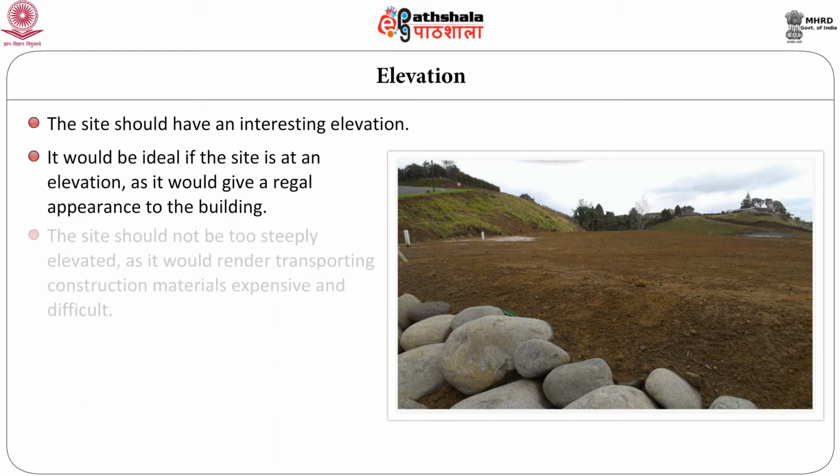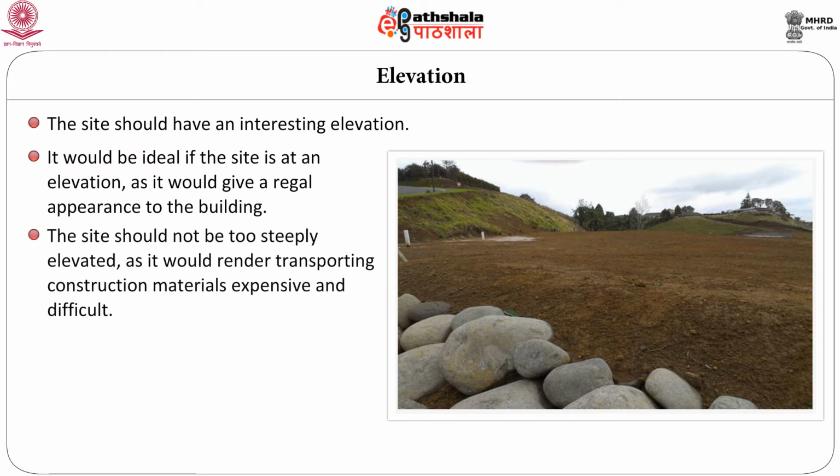However, the site should not be too steeply elevated, as this would render transporting the construction materials and men also very expensive and difficult. If the surface of the site is uneven, this would also offer an interesting challenge in planning. Many times, split level houses may be designed on such sites which are uneven.